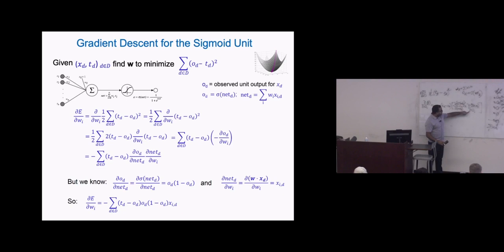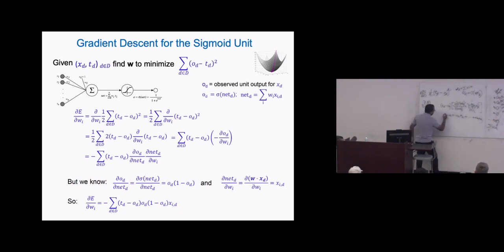What is the derivative of the summation of Wi xi with respect to Wi? And let's say this goes over j, so Wj xj. What is this partial derivative? So W1 x1, W2 x2, Wk xk.